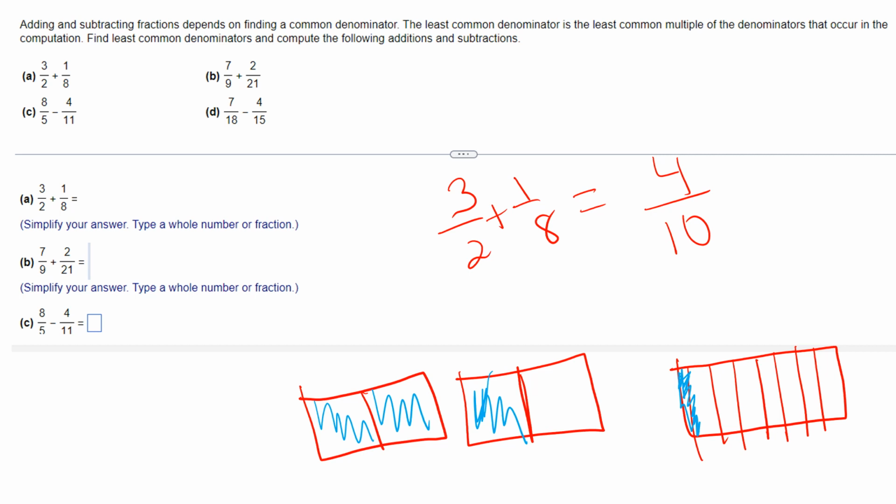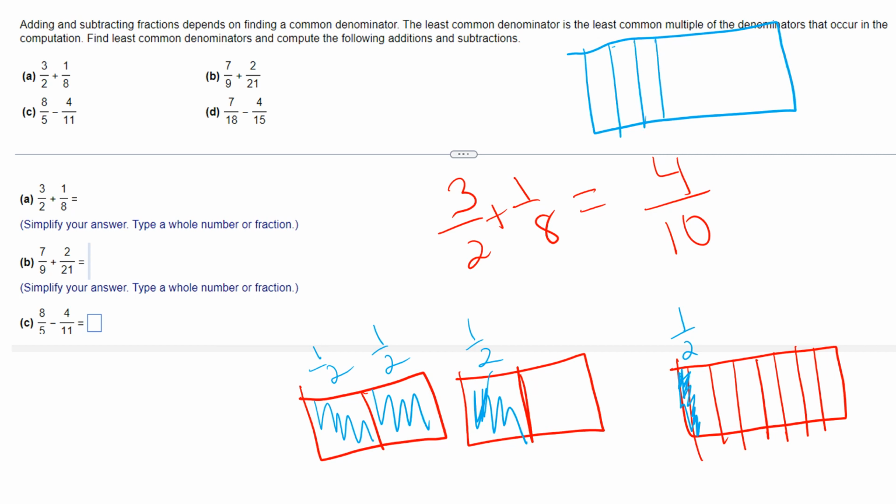So I've got 3/2, 1/2, 1/2, 1/2, plus 1/8, you can see when I put this together, I'm not going to wind up with 4/10. Again, if I take that rectangle and I divide it into 10 pieces, 1, 2, 3, 4, 5, 6, 7, 8, 9, 10.